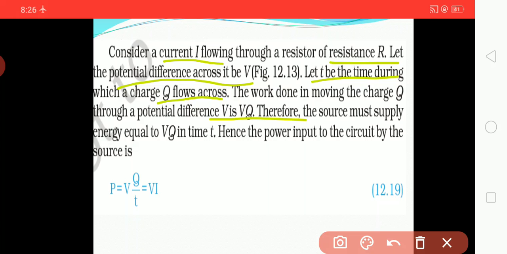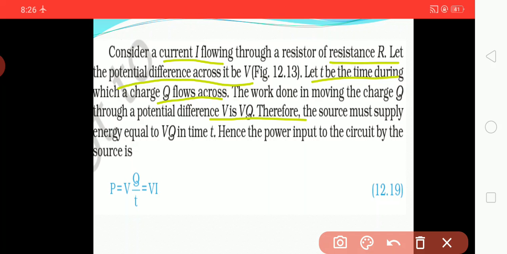Therefore the source must supply energy equal to VQ in time t. So the source is supplying VQ amount of energy.